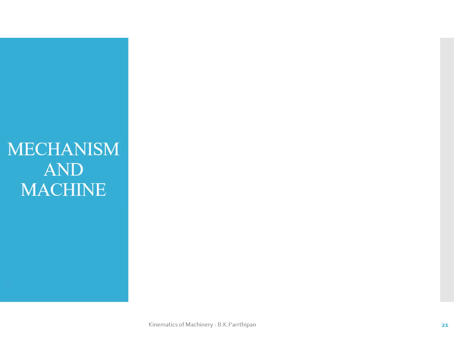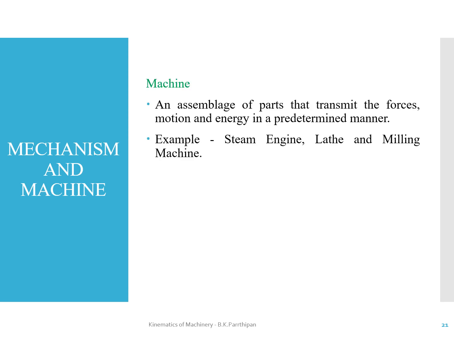Now we are going for a big division, that is, what is the difference between a mechanism and a machine. We all know what a mechanism is. In a kinematic chain, if any one of the links is fixed, then it is known as a mechanism. Machine is nothing but an assemblage of parts that is used to transmit motion and energy in a predominant manner.